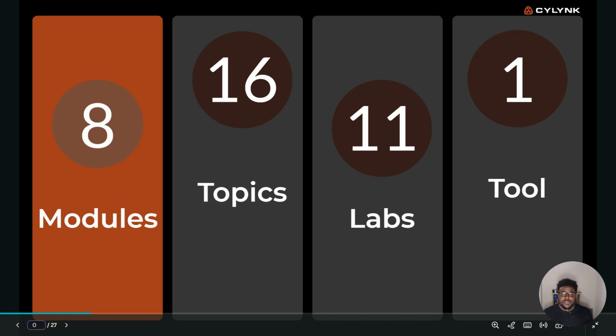So in terms of what is included in the course, this course includes 8 powerfully, wonderfully designed modules by a team of experts, 16 topics in total, and 11 labs. These are practical, hands-on, real-world scenario-based labs. In this course, you'll be acting as a cybersecurity analyst or a system analyst who is taking tasks from their manager and then going forward and solving those tasks.